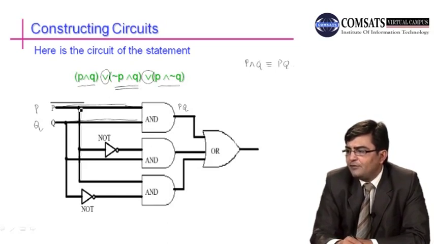So here we have not P. We draw a line from P here, and then we draw a not operator, and then this goes to AND.